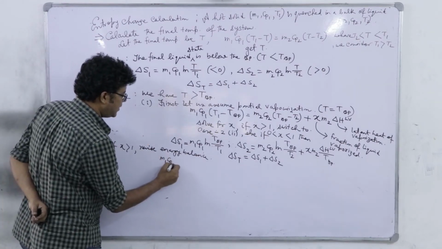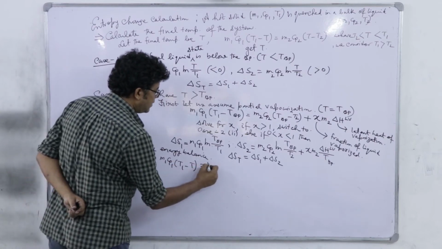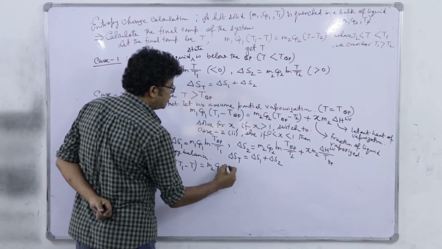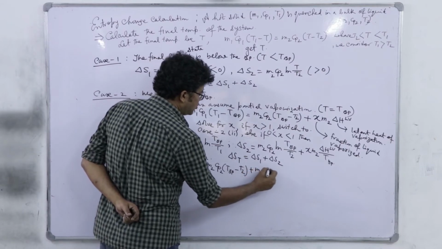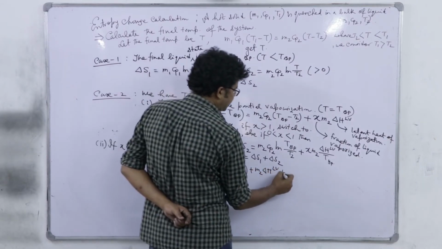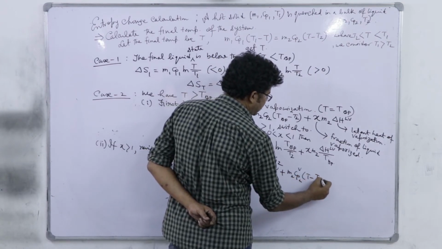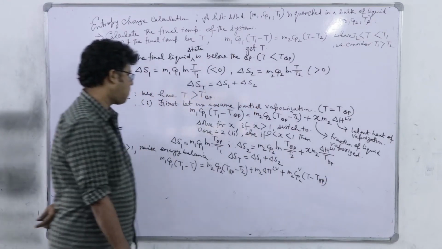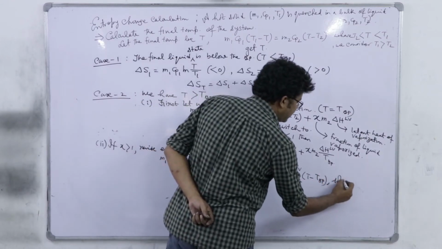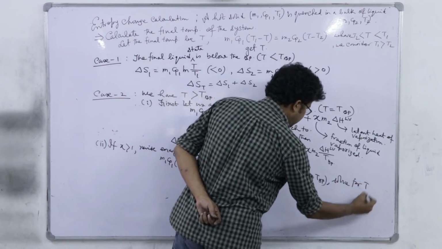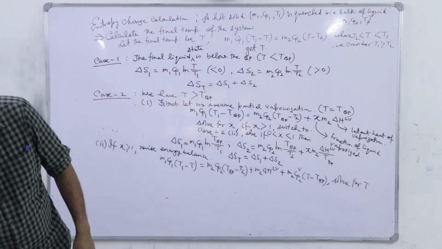So M1 CP1 (T1 minus T) is equal to M2 CP2 (TBP minus T2) plus M2 delta H LV plus M2 CP2 vapor into (T minus TBP). Right. So solve for T. So we'll get the value of T calculated.